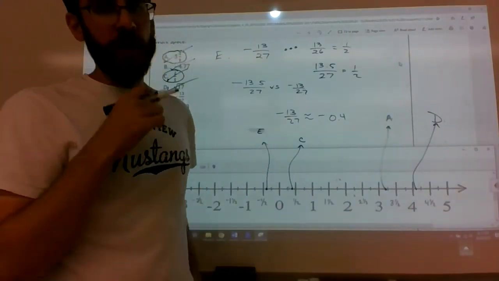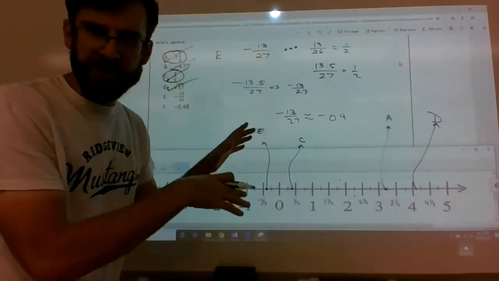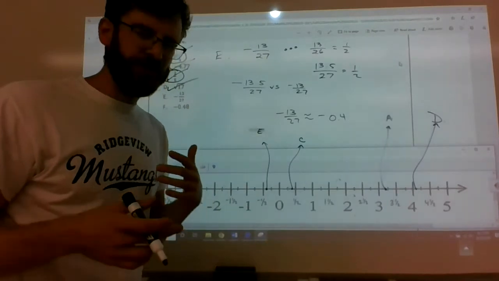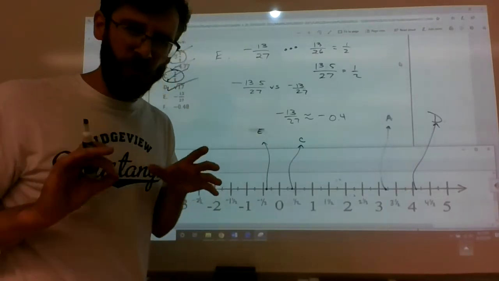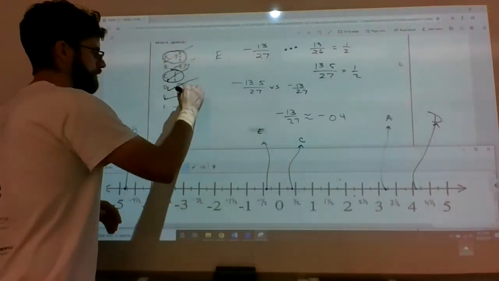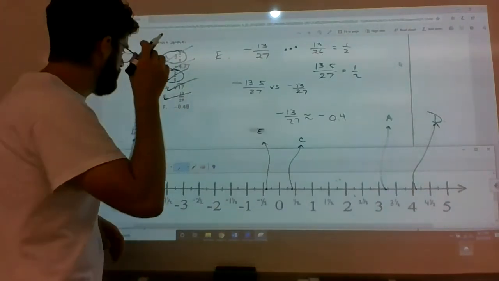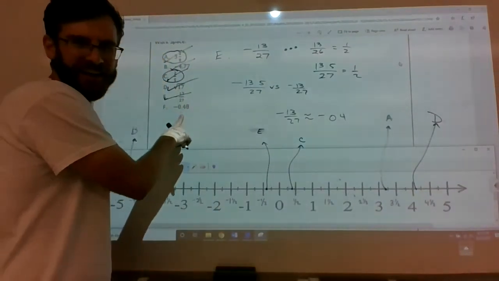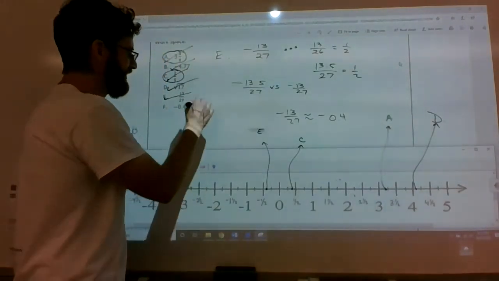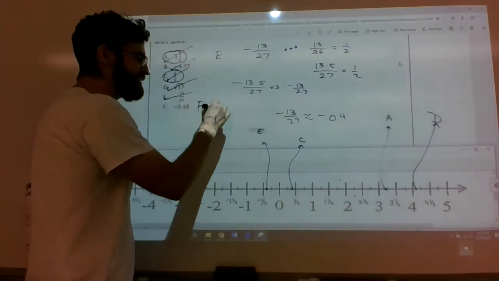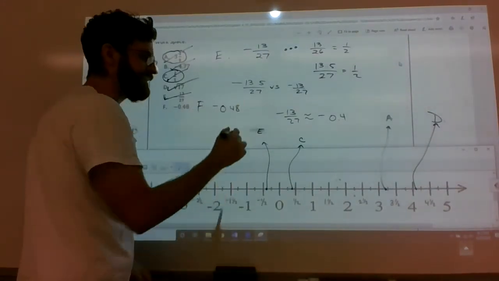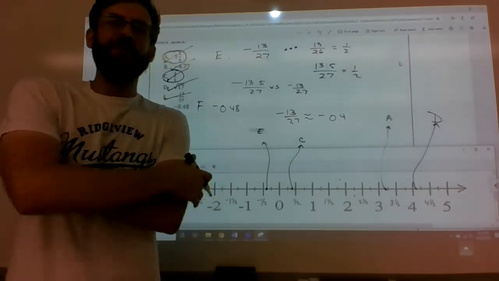All right, just so I don't bore you guys, I'm not going to go through the division, but I think you'll see that 13 over 27 is like negative 0.48-ish. I didn't check that, so. Oh, okay. We got, look, this is tricky. F is negative 0.48. Okay, so, wow, this is tricky.